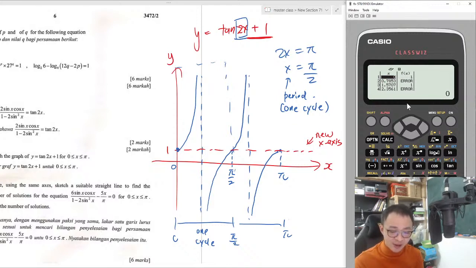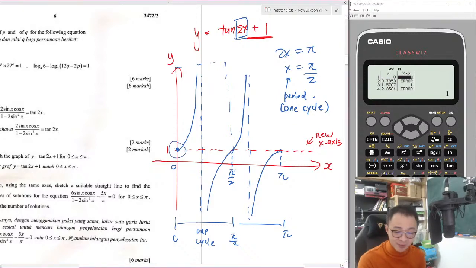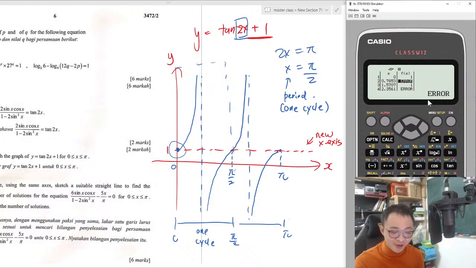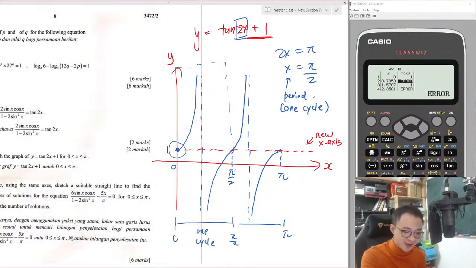The first coordinate is 0 and 1, so you can see this is the 0 and 1 here. And getting the math error is a good thing, because for tangent there are 2 arrow lines, which are the 2 lines you can never touch. This is the reason why you should know 0.7853 is pi over 4. So this is your first arrow, because an arrow basically means your line can never touch it.